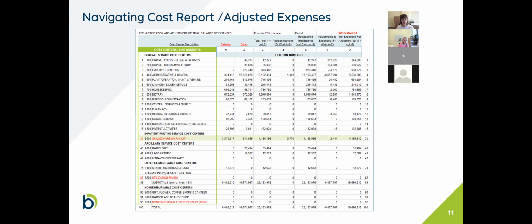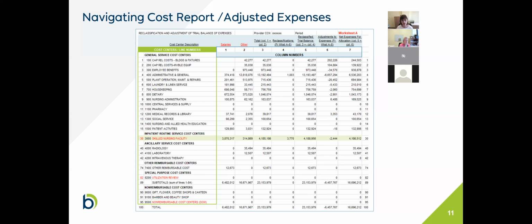We have the opportunity to add additional lines, but other than that, whether you are in Kansas or North Carolina or Washington, line cost center 5 or 500 is always going to be your plant, your maintenance services, and 8 or 800 is always the dietary department. And that makes it really great for us to compare facilities across the states. So that information comes in consistently, and it's the standard look of all cost reports.